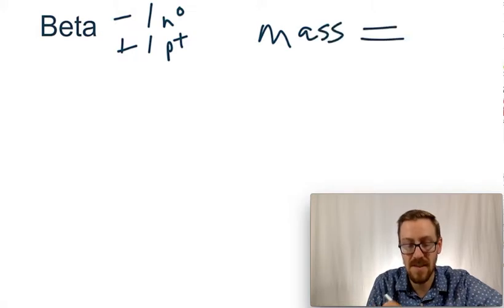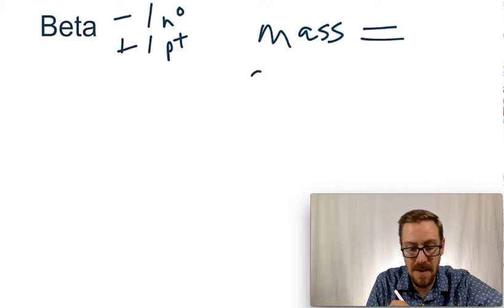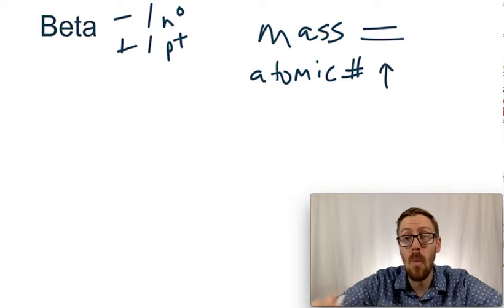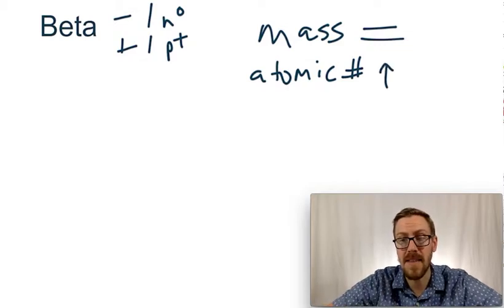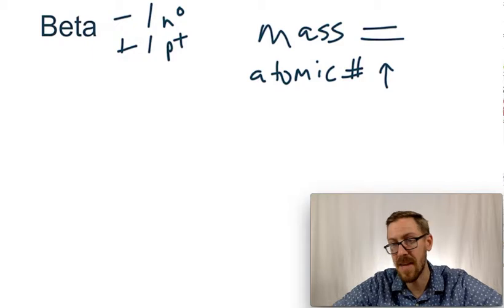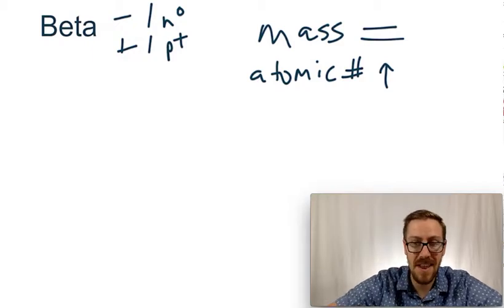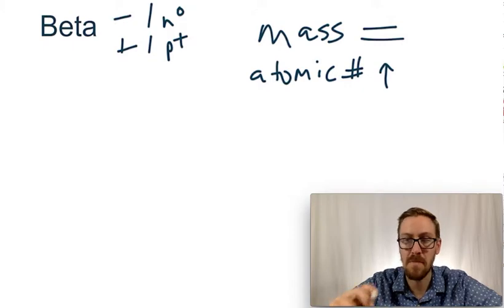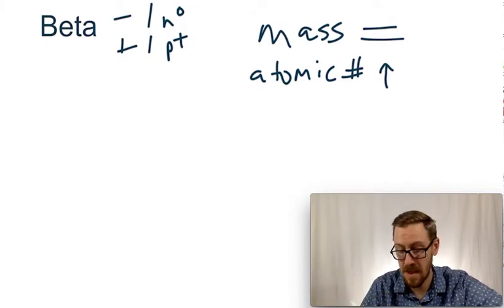It doesn't change. But your atomic number will go up 1 on the periodic table. So if you had an atomic number of 80, it'll be 81. The atomic number 14, it'll be 15, because you're gaining a proton, and protons and neutrons both have mass. So your mass in this case doesn't change, but your proton number goes up 1, which is the atomic number.